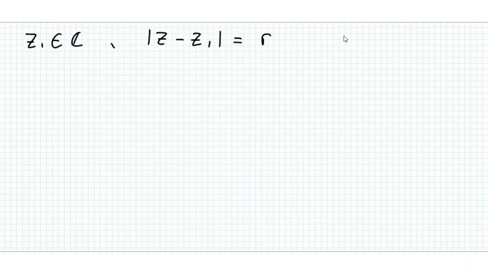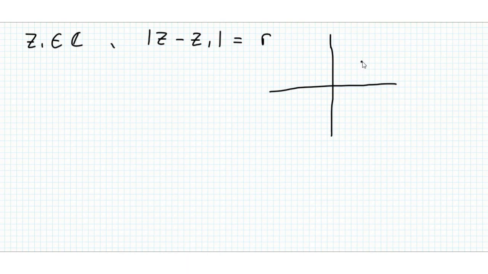Okay, so what do we want our loci to look like? Well, we're trying to draw something that represents, on the Argand diagram, the points z which satisfy this equation. For this sort of setup, what we draw, on a terribly drawn Argand diagram, you've got to make sure you do yours neater than this, is we find our point z1.